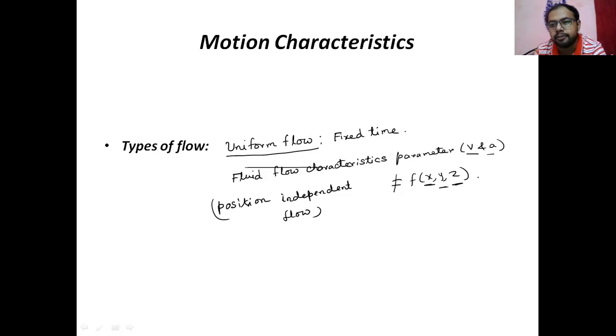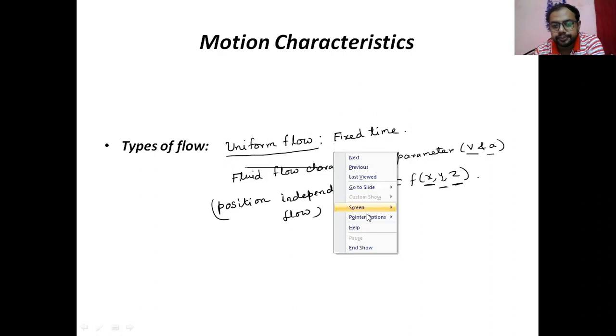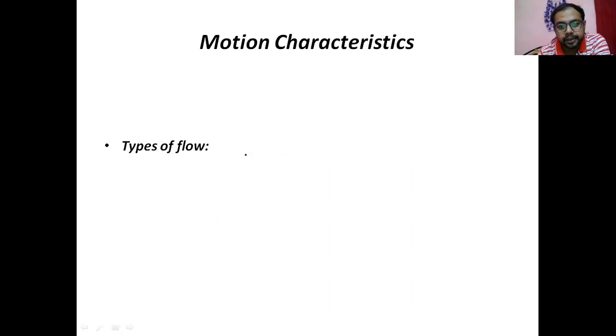Similarly, the opposite of the uniform flow is the non-uniform flow. That is the position dependent flow. So we have got some idea about the position dependent flow, and we'll see it in the analysis in a very particular way. So the first flow we are taking here is the steady flow. Second, unsteady flow. Third, uniform flow.